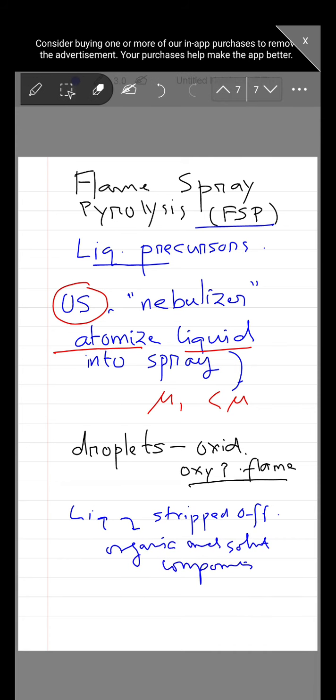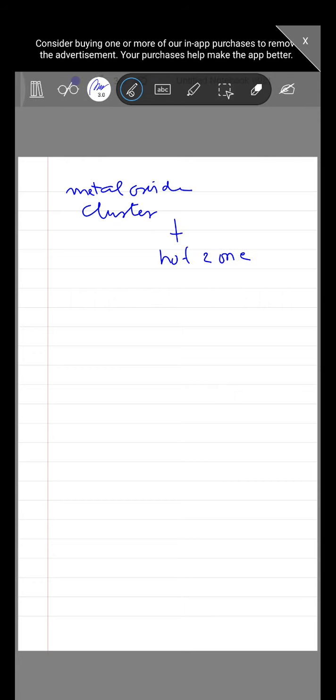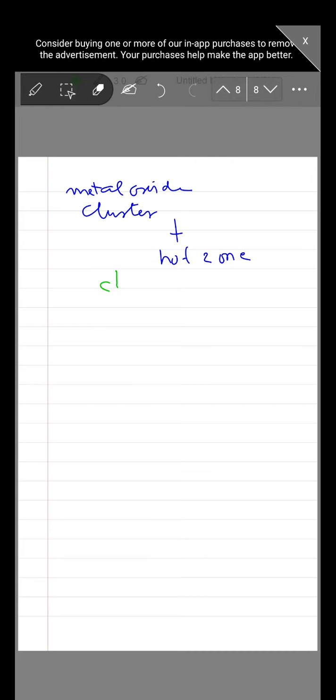And a metal oxide cluster is generated in the hot zone, which ultimately clusters or coalesces into oxide nano-sized particles.